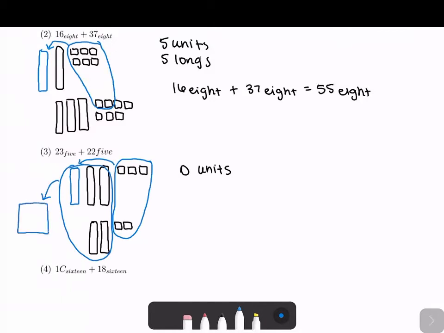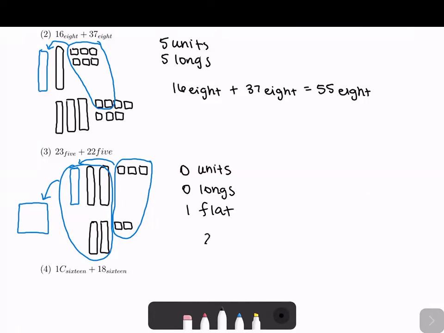So your flat doesn't need to be horribly large, but it should be pretty clear that it's a square instead of a rectangle. So once we regroup those longs, we have no longs left, so we have 0 longs. And now we have 1 flat. So we have 1 flat, 0 longs, and 0 units.